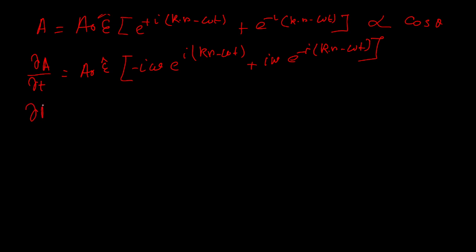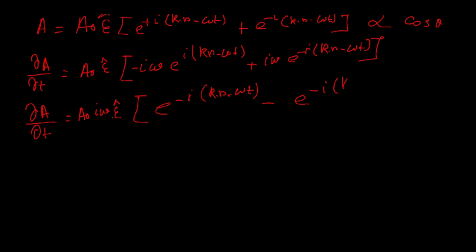So the value would be A0 i omega, e^(i(k dot r minus omega t)) minus e^(minus i(...)). Now e^(i theta) minus e^(minus i theta), if you expand it, will be a sine function.